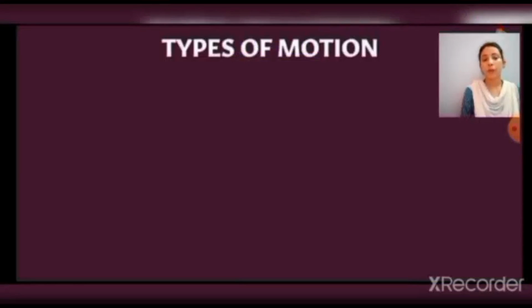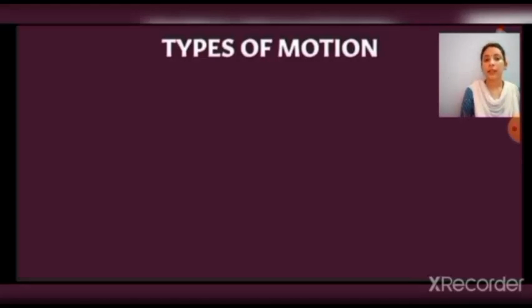Next, we will talk about types of motion. Children, you must have seen many things around you which are in motion. But what do you think? All the motion you see, all the movement you see around you, are they the same? Do they look the same? No. There are different types of motion.